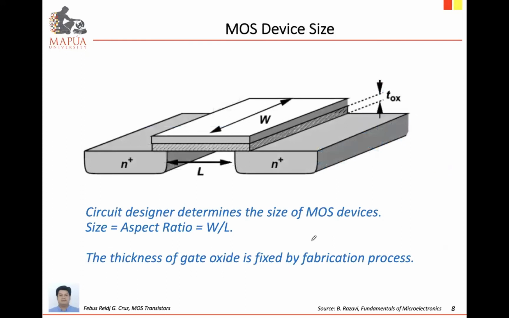So again, you have here the MOS, or metal oxide semiconductor, device size. When you say transistor sizes, it pertains to the transistor length and transistor width. Now, when we use only the size, when you say transistor size, it would pertain to the aspect ratio, or the ratio of transistor width over the transistor length.